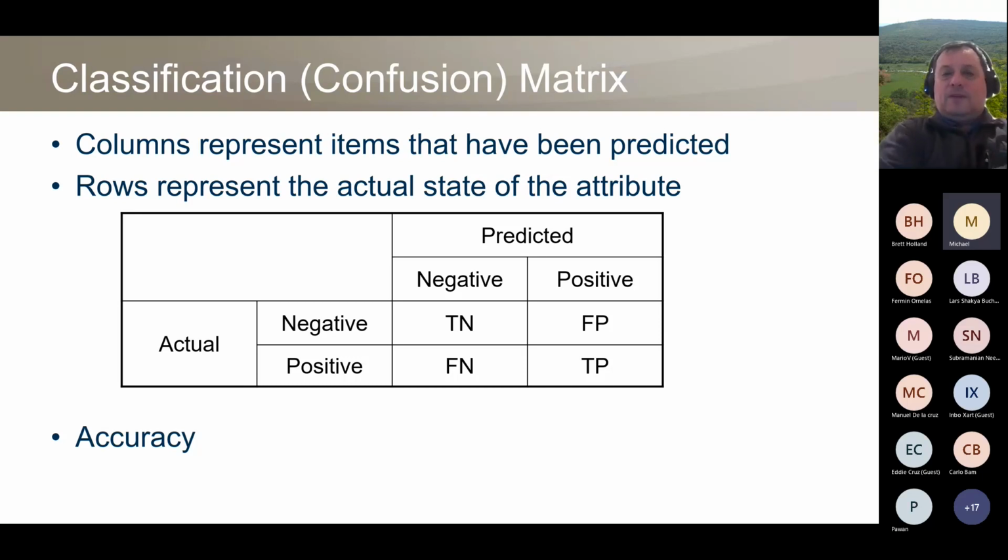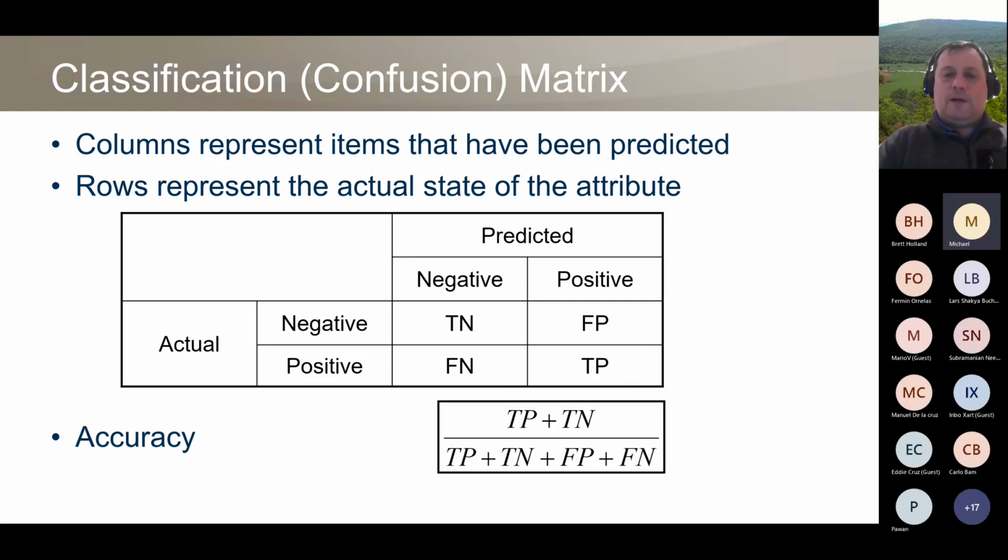If I predicted a negative value and the value is actually negative, then I am in the true negative class. Then I can have false positives, which means I predicted positive and the actual value is negative. And I have false negatives, predicted negative, actual value positive. And I have true positives, predicted positive, actual positive.